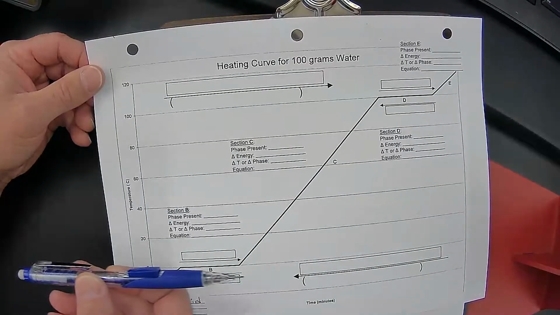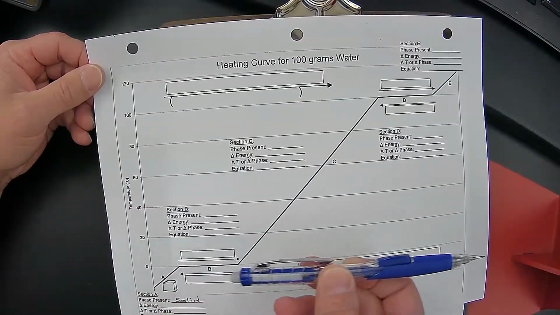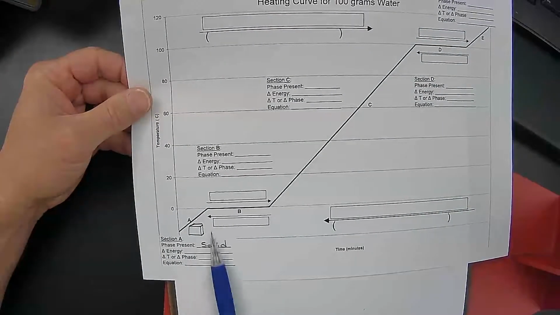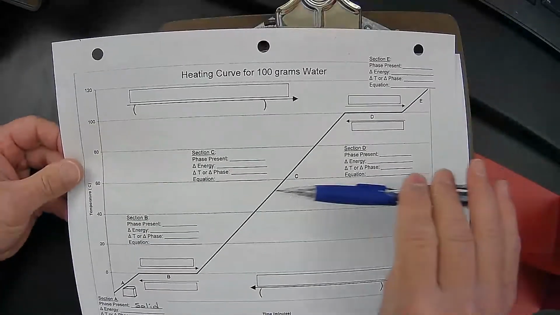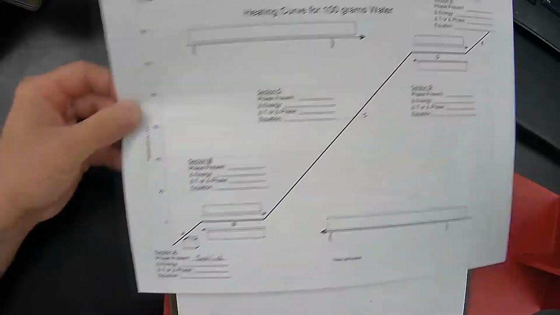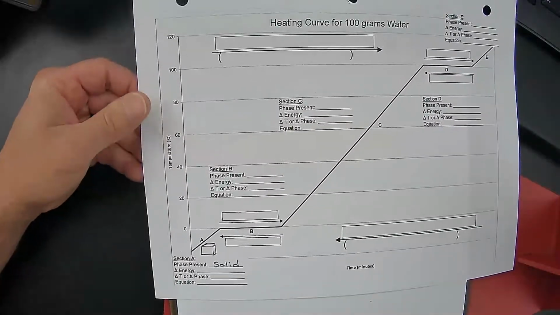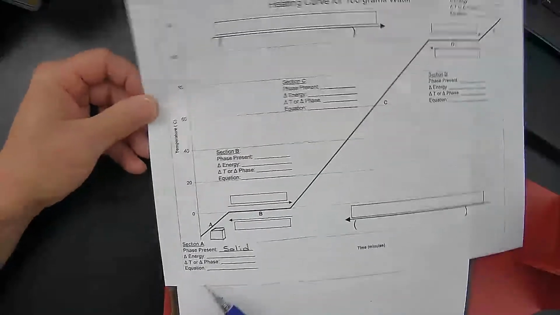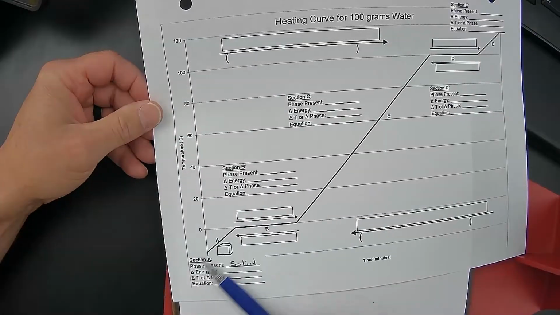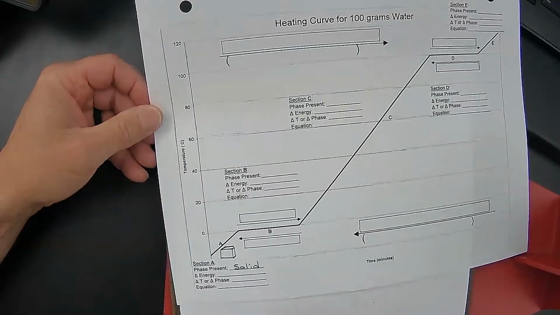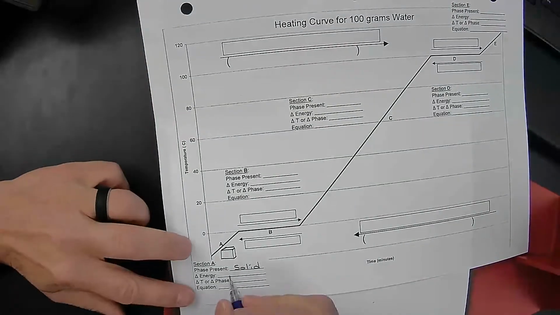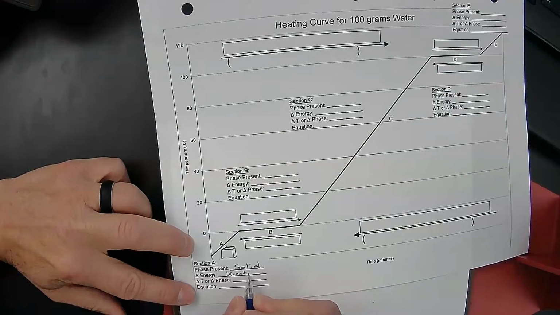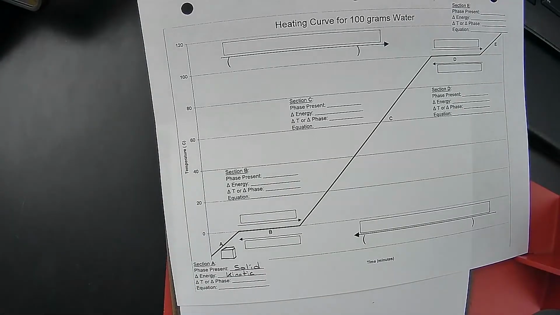Now, if we're going this direction along the curve, we're going to be giving energy to the H2O. But if we're going the opposite direction, we would be taking energy away from the H2O. During this process of the curve, section A, the energy that is involved is called kinetic energy.